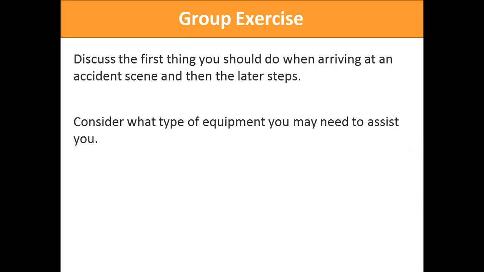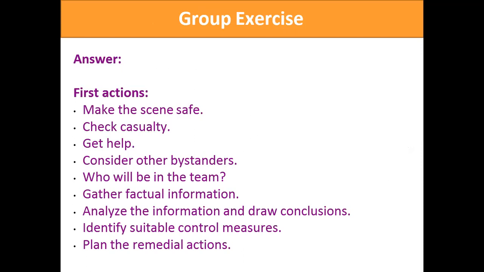Discuss the first thing you should do when you arrive at an accident scene, and then the later steps. Consider what type of equipment you may need to assist you. This is a group exercise; the answer: first action, make the scene safe. When we arrive at the accident area, we need to secure the scene, because if we do not secure the place, maybe we can be in danger.